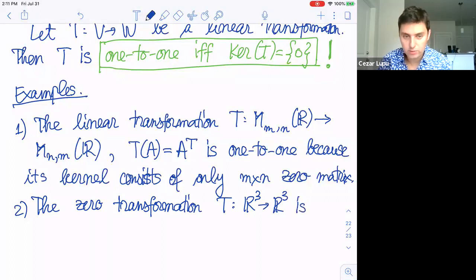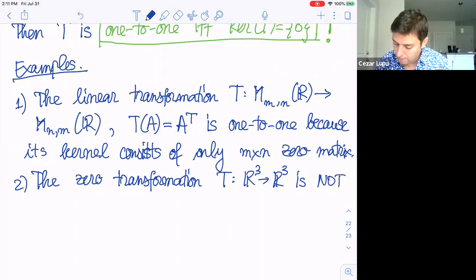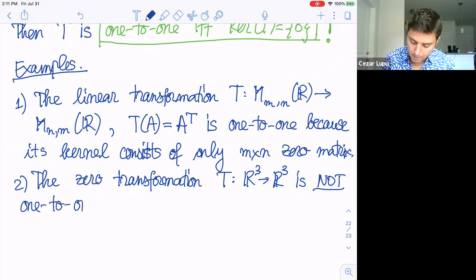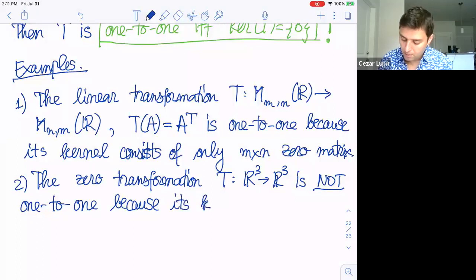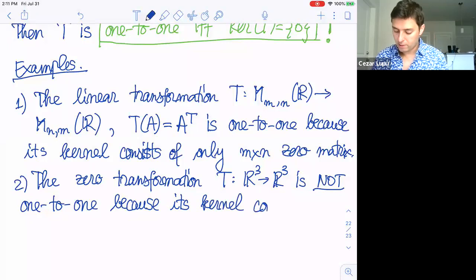It is not, and I want you to pay attention here, it is not one-to-one because its kernel is all of R3.